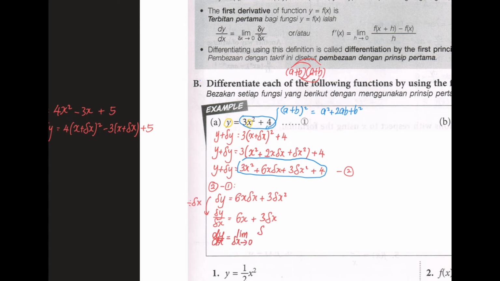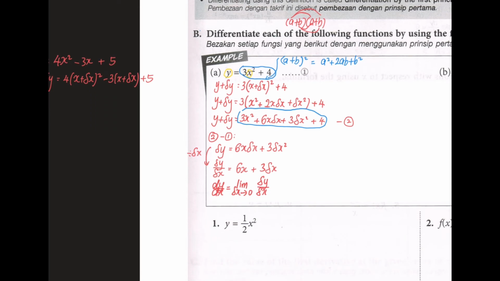Now I substitute the delta y over delta x, which is this thing, over here. Now it becomes 6x plus 3 delta x. Okay, so it's just substitutions.